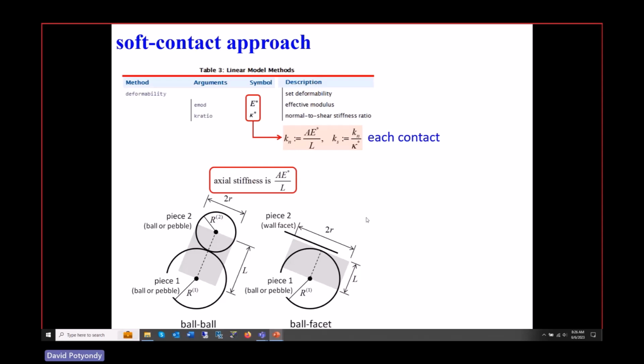And if you change the size of the spheres, it will still be equal to E star. What you're going to find is if you change the size of the spheres, you're going to change Kn. If you were to just take a bunch of spheres and set Kn constant and measure the modulus for one, and then make a bunch more spheres that are smaller and set Kn the same, you're going to get a different modulus. Okay.